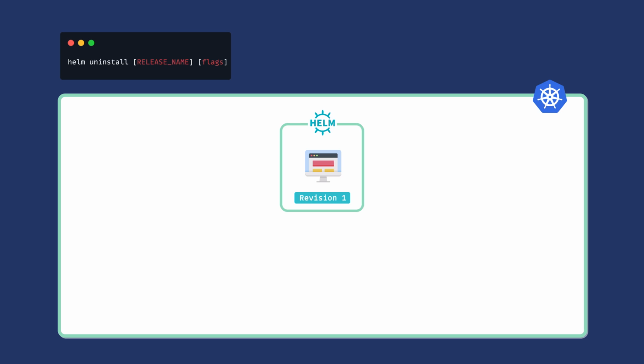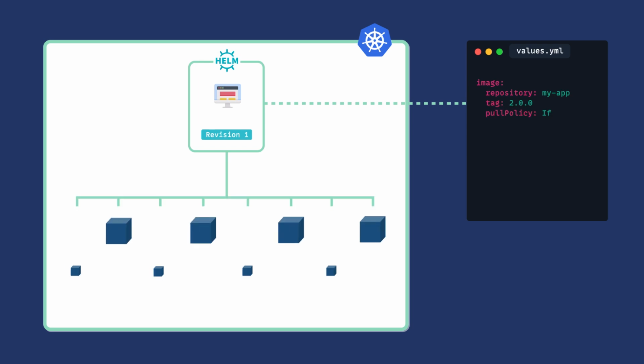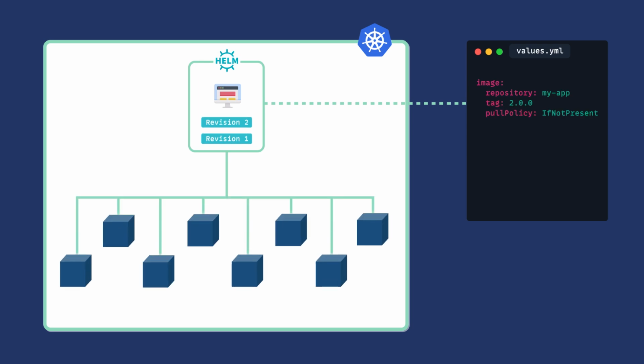Here we can very effectively track how many objects of our application are deployed, and simultaneously within Helm we can update any values we want from a central place. Helm provides us with a values.yaml file where we can write and update whatever we need in our application. We don't have to go into each object's file to update them. If we want to roll back to any previous revision of the application, we can easily do so within Helm.